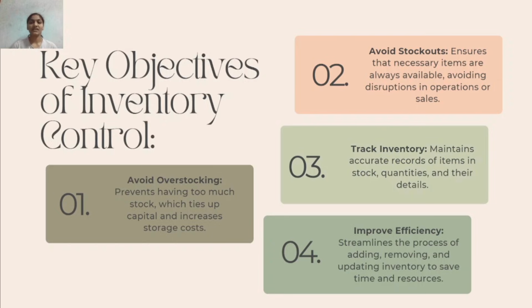Third one is track inventory, which maintains accurate records of items in stock, quantities, and their details. And finally, fourth one improves efficiency. That means it streamlines the process of adding, removing, and updating inventory to save time and resources.